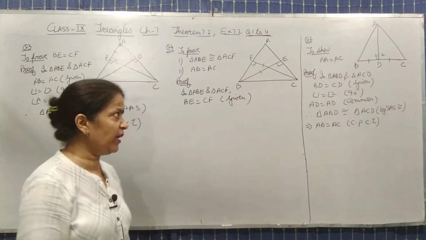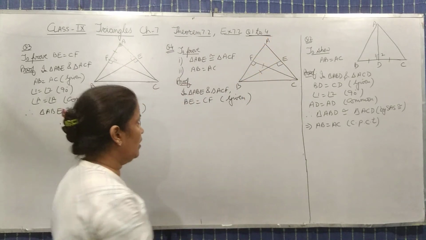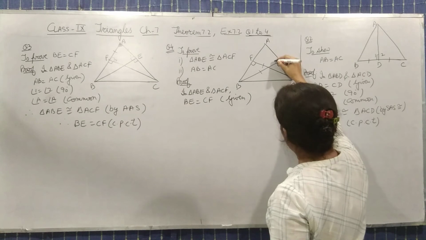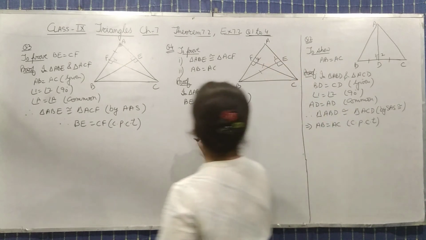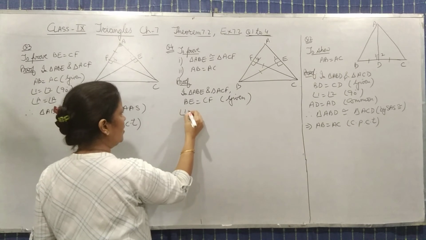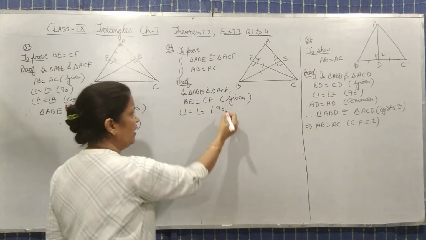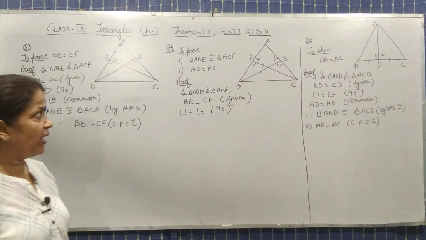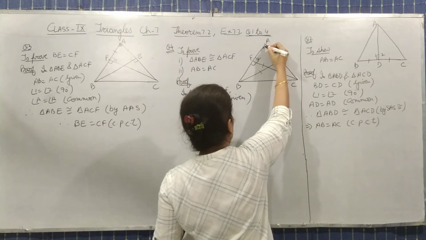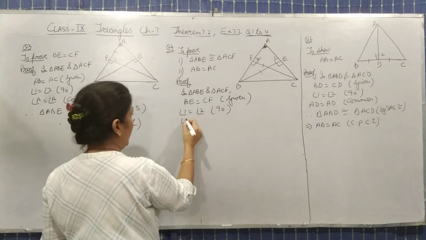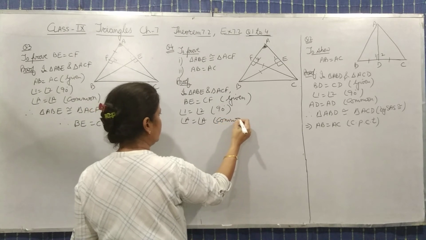What should be the next thing? Altitude is there, so angle 1 and this is angle 2. Angle 1, this is same as the previous one. Angle 1 equal angle 2, 90 degree. And what should be the third thing? Angle A. Angle A is common. Angle A equal angle A, this is common.